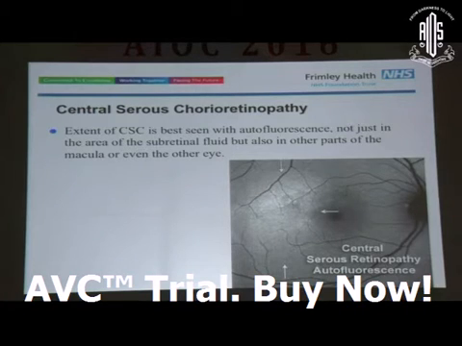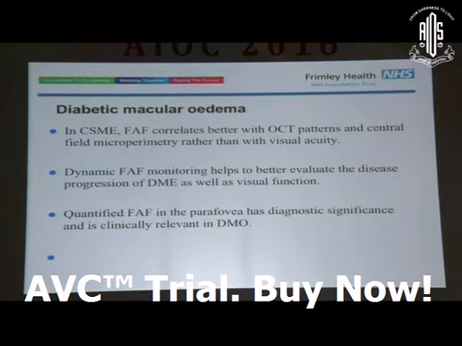Again, with central serous retinopathy, you can actually see the extent of CSC best with autofluorescence, and not just the area of subretinal fluid, but all the areas where the retinal pigment epithelium has been affected in CSC. Diabetic macular edema, again, FAF correlates better with OCT patterns and central visual field microperimetry rather than visual acuity in patients with diabetic macular edema.